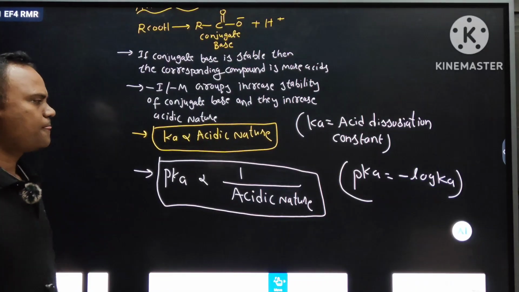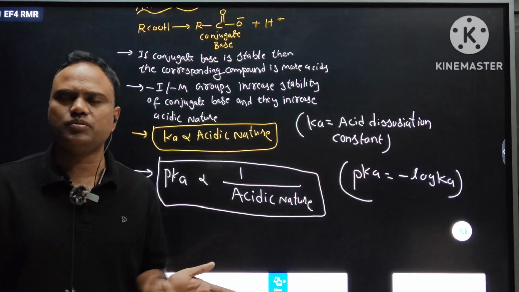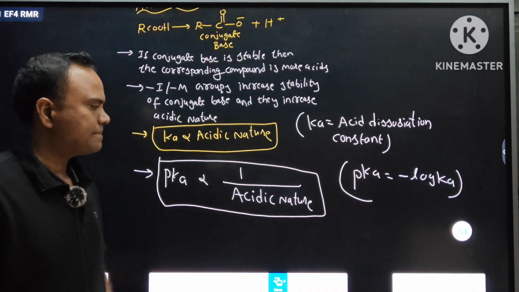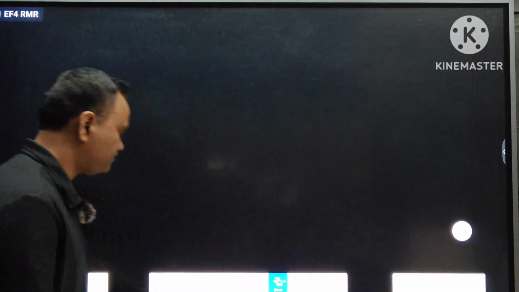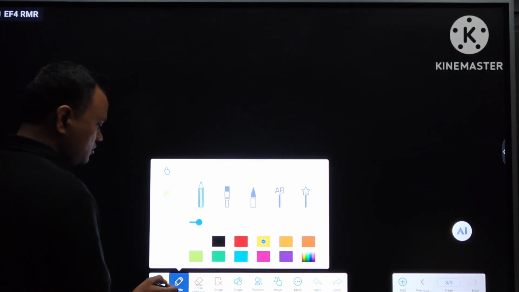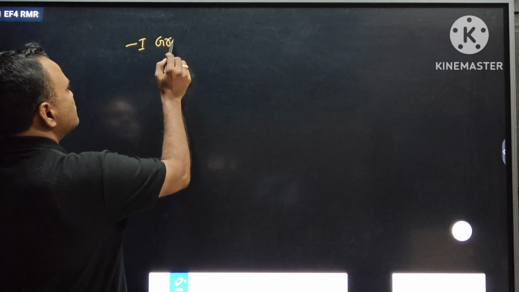Right. See, before starting the acidic nature questions, I will give you a few minus I groups and a few minus M groups. Only a few examples I will give you. Minus I groups.